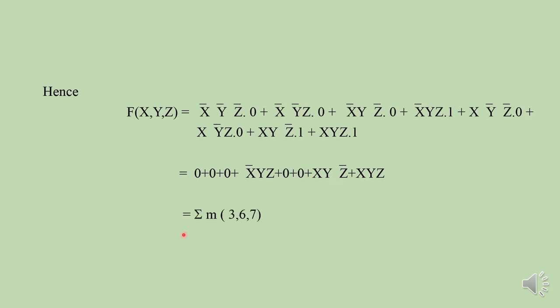So what is the decimal notation of this canonical SOP? That is summation m 3, 6, 7. This is the canonical SOP form which we get by using the Shannon expansion technique.